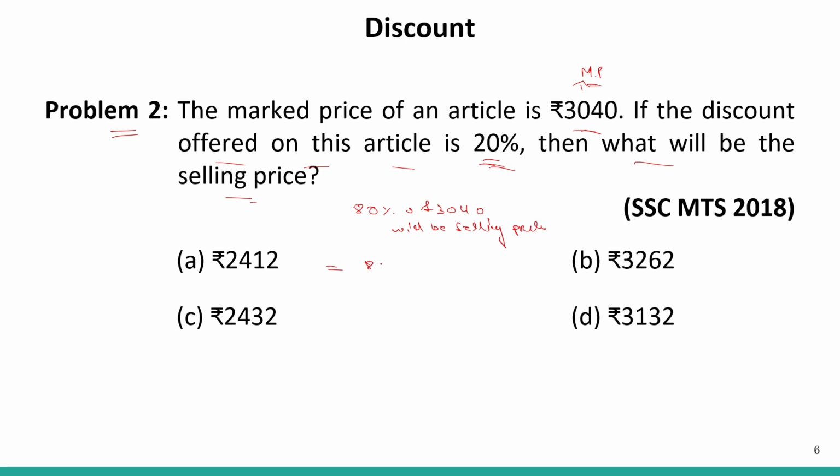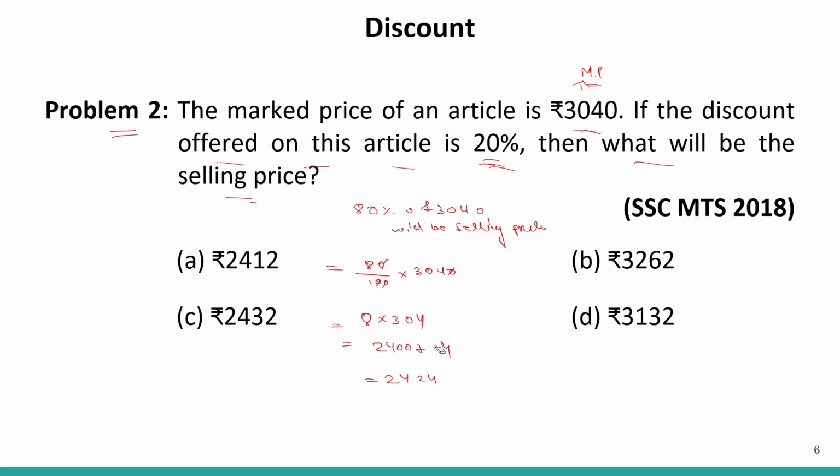So this will be 80 by 100 into 3040. Cancelling zeros from the numerator and denominator, we are left with 8 into 304, which is 2400 plus 32, so it will be 2432.